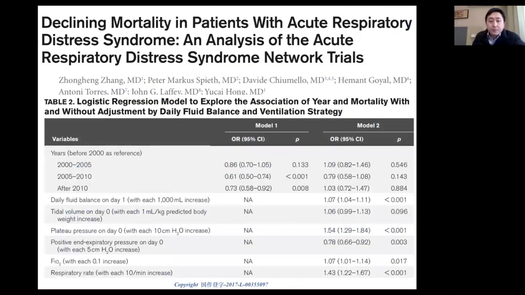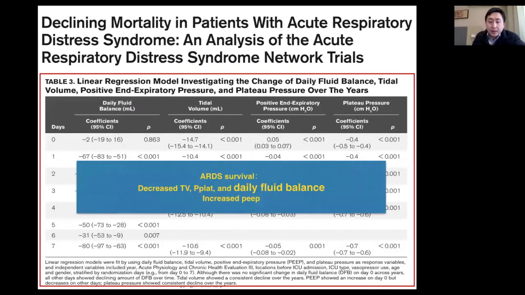So we could see such research tells us that daily fluid balance is a key factor to improve the outcome of ARDS patients. So also, if we face a COVID-19 patient, if we found the leakage happened, we should pay more attention to the daily fluid balance.